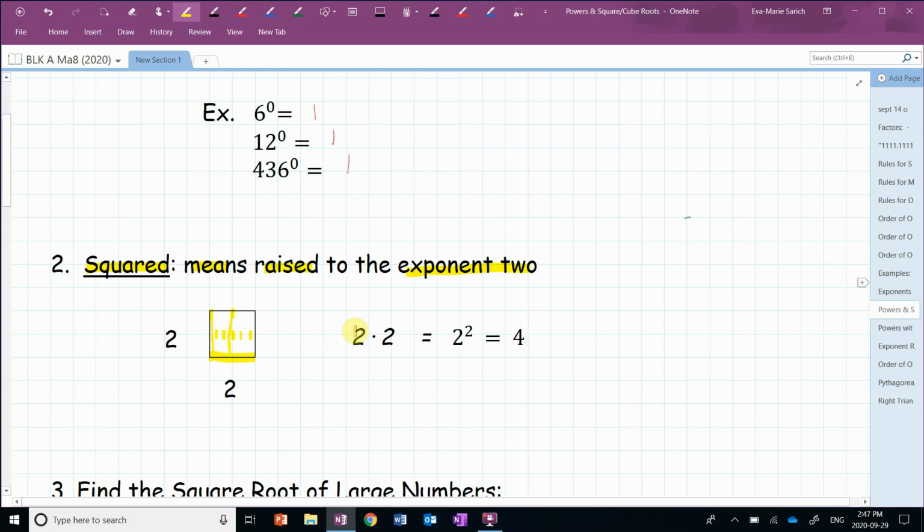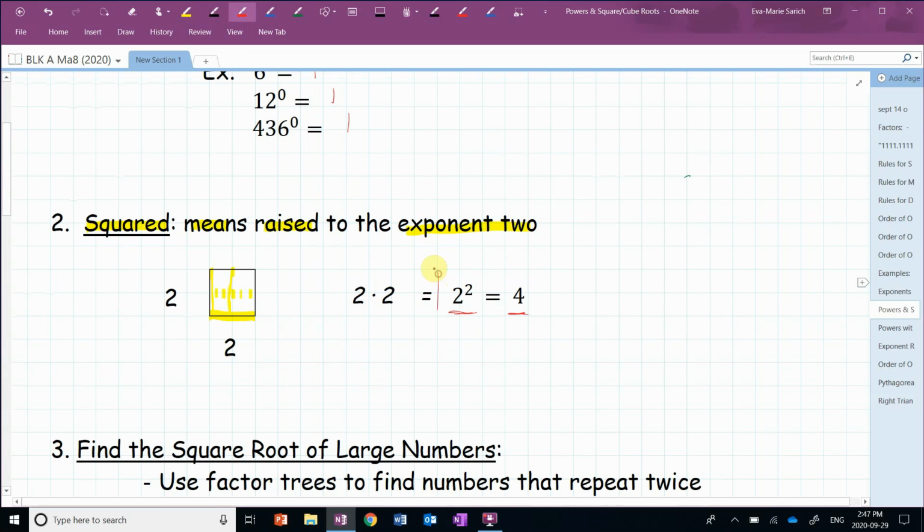Finding those 4 squares comes from multiplying 2 by 2. And then when a number repeats twice, it has an exponent of 2. So the side of 2 repeats twice, and then we can calculate that, and that equals 4. So this is what we're getting at. If you just see words that say 2 squared, you need to take that number and raise it to the exponent 2.